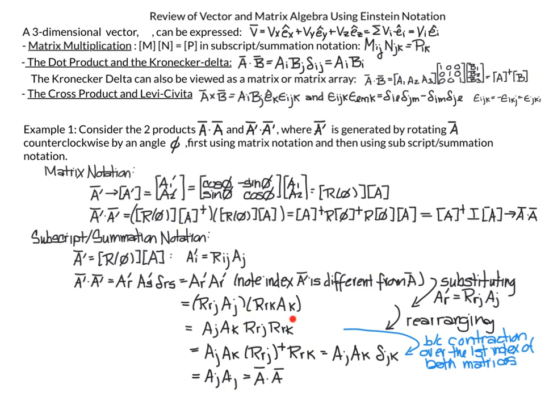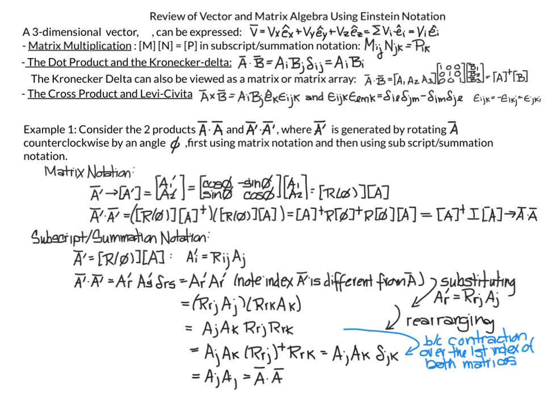Looking at this multiplication here, when we had our matrix multiplication and we had the second index and the first index here, we can contract over and get the P sub IK. Here it doesn't really work because we're contracting over the first index of both matrices. So to make sense of it, we're going to put the transpose here.